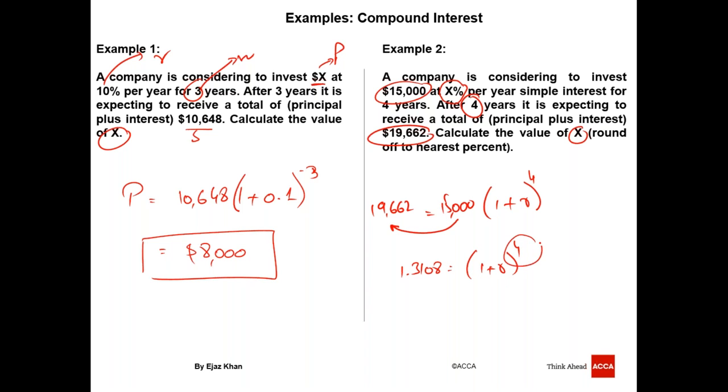So to remove the power from here, we need to put a power of 1 upon 4 on the other side. So 1 plus r is equal to 1.3108 raised to the power 1 upon 4. So if we solve it, are we going to get 7%? I don't have a scientific calculator at the moment with me, so I'm sure the answer to this question will be 7%.